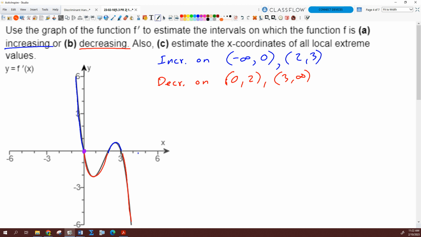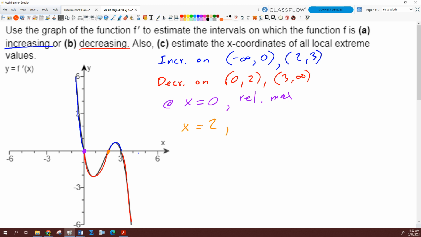And at x equals 0, we have a relative maximum, right? And what's going on there? At x equals 2, we have a relative minimum, right?